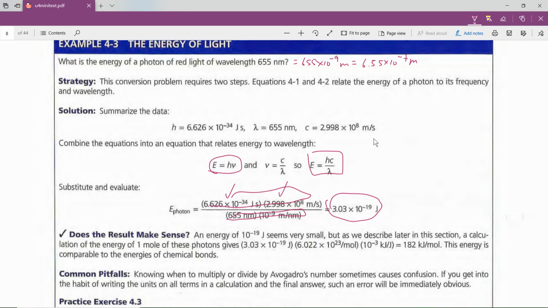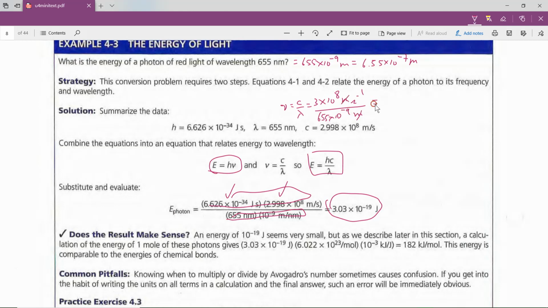If I want to get the frequency, well, we have it here. Why not for some practice? So nu is c over lambda. So it's 3 by 10 to the 8th meters per second divided by lambda, 655 by 10 to the minus 9 meters.